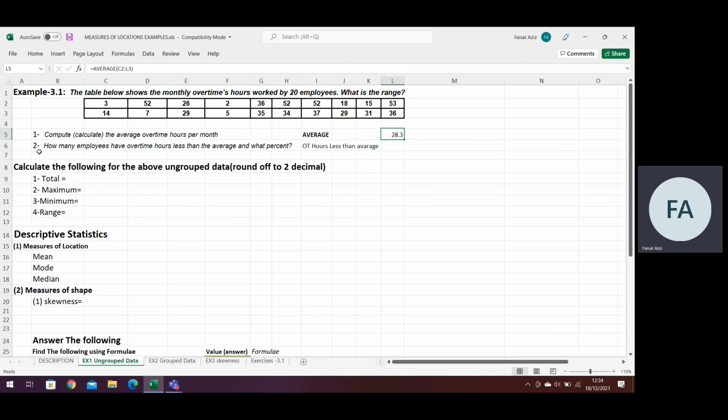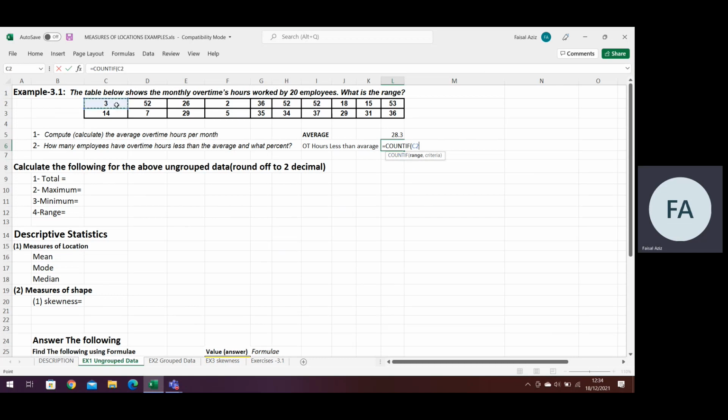The next step is to calculate how many employees have overtime hours less than the average. Here we can use the COUNTIF function. Press the equal sign and write COUNTIF. There are two, COUNTIFS and COUNTIF, so you will have to select COUNTIF.